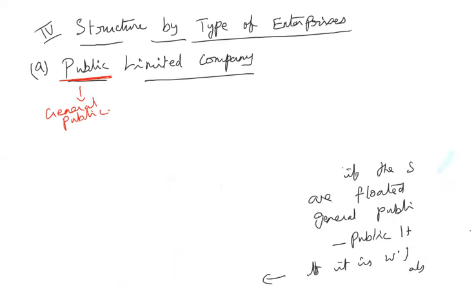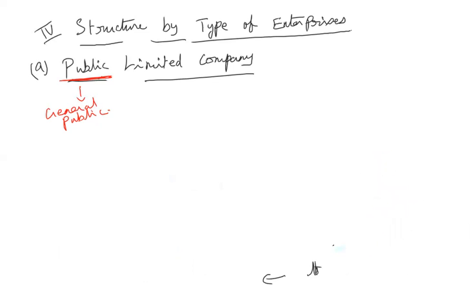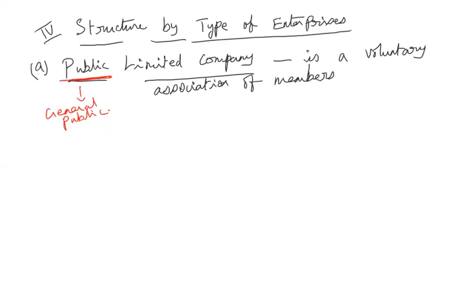So, moving on to the meaning of public limited companies. A public limited company is a voluntary association of members or private individuals. Mostly they are private individuals who contribute the share capital to the company.